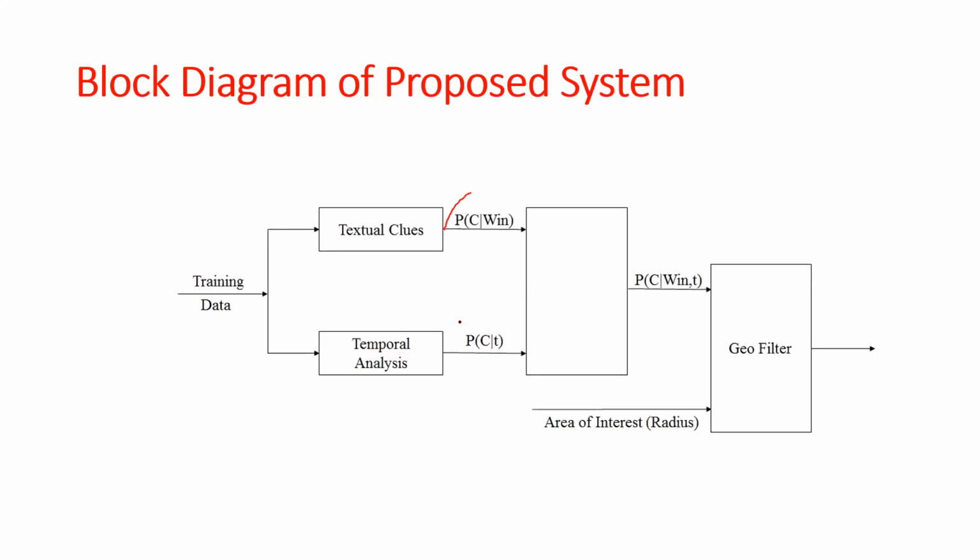then I just apply a constraint of a radius. Your tweet may say that you can go to a restaurant, but there are no restaurants available in a 100-meter range. The second category was that you can go to a theater, and there is a theater available in a 50-meter range. Based on this radius constraint, we say that you should not go to a restaurant because it is very far.